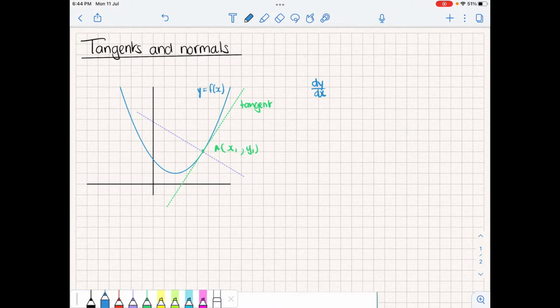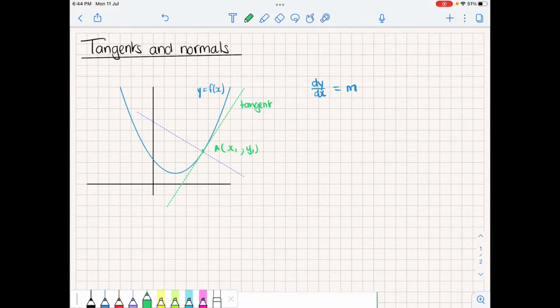If I put an x coordinate into the gradient function, it would tell me the gradient at that specific point. And the tangent happens to go through that point as well. And so the gradient of the function at that point is also the gradient of the tangent, which we normally represent as m, coming from our straight line equations.